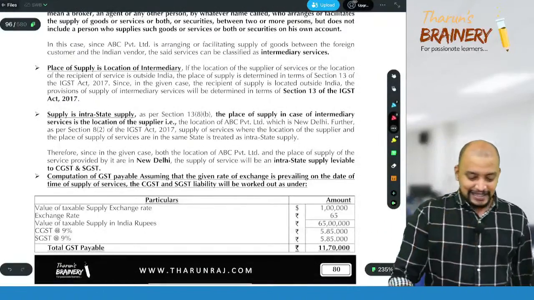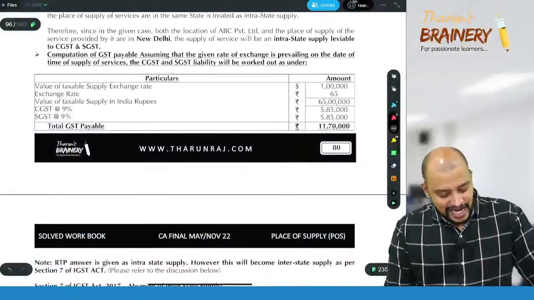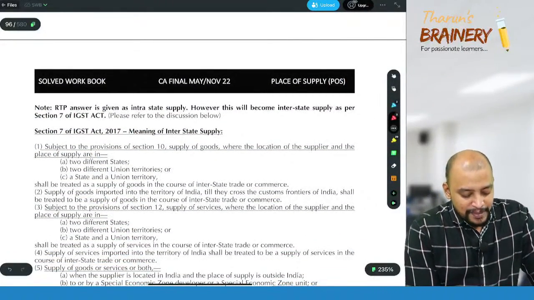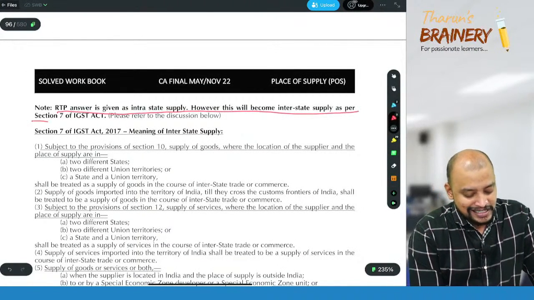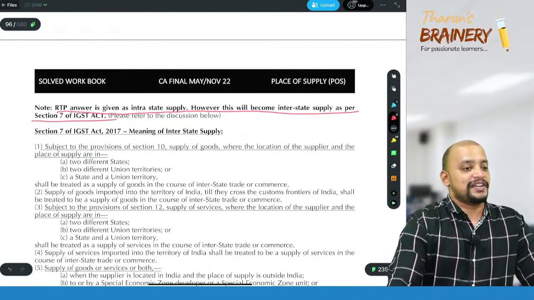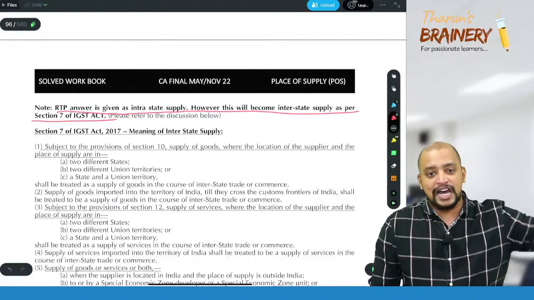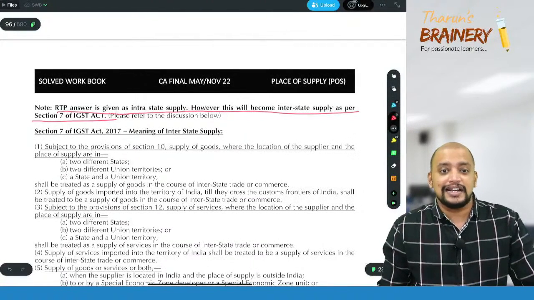But this is the answer taken for this question in one RTP of ICAI. RTP answer given is intrastate supply. However, this will become interstate supply as per section 7. Actually, this is an ICAI RTP question, but a little old RTP only. So that answer is wrong. It is not intra, it is inter.